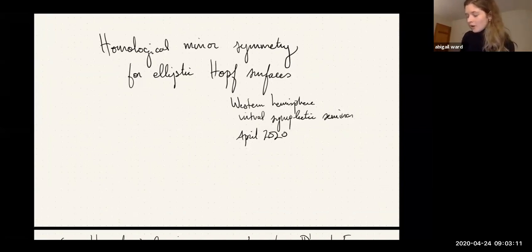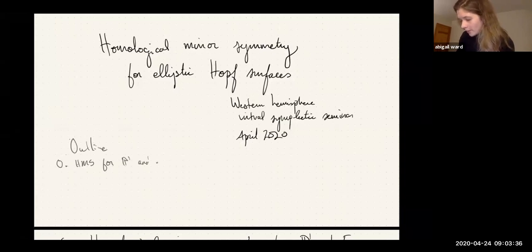All right, so as Catherine said, I'm going to be speaking about homological mirror symmetry for elliptic Hopf surfaces. Just to give you an outline of the talk, the first thing I'll do is remind people what homological mirror symmetry is through examples. So I'll be doing HMS very briefly for P1 and the elliptic curve. Then I'll move on to what these elliptic Hopf surfaces are.